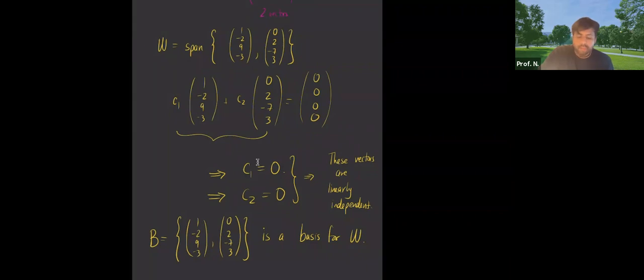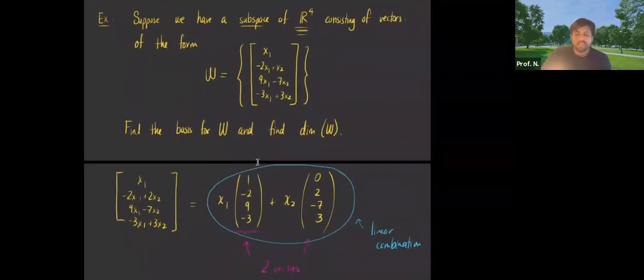Could you go over the span part? Yeah. Well, the reason why the span is almost like given to us is because of the way the subspace was defined. The subspace of R4 called W is defined as the set of vectors that have this form, where x1 and x2 are the only variables.